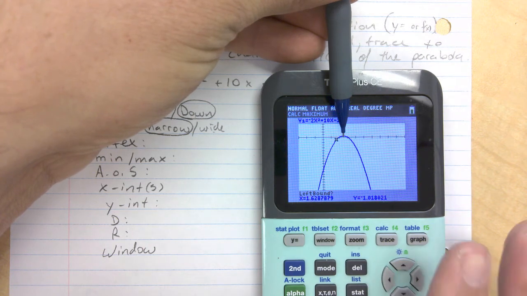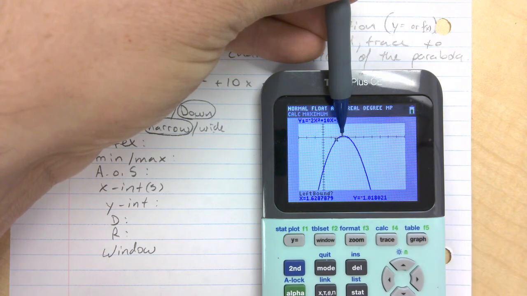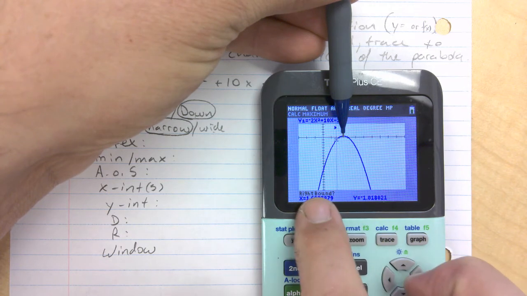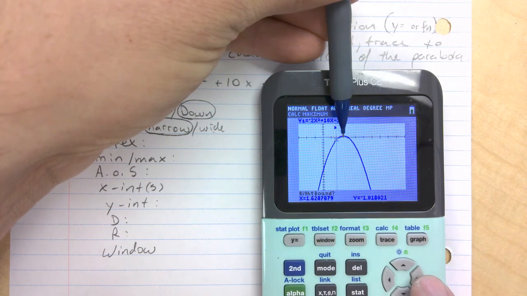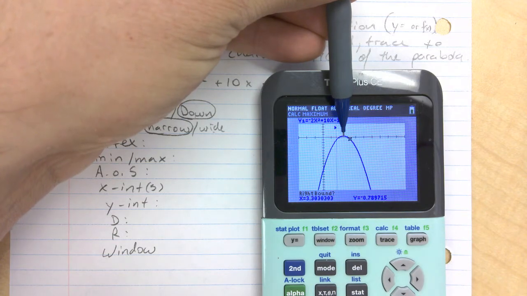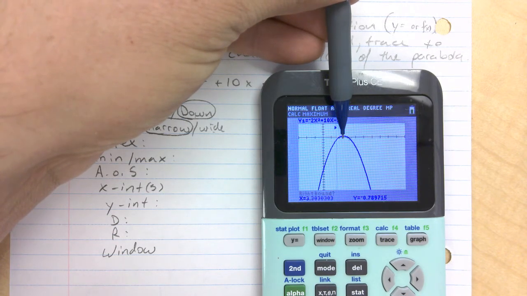This is pretty obvious that we're now past and we are to the left of the vertex. Hit enter. Now you're going to go to the right. It says right boundary. See down here? We're going to go to the right, past the vertex, over to the right of it. Once you're to the right, you hit enter.